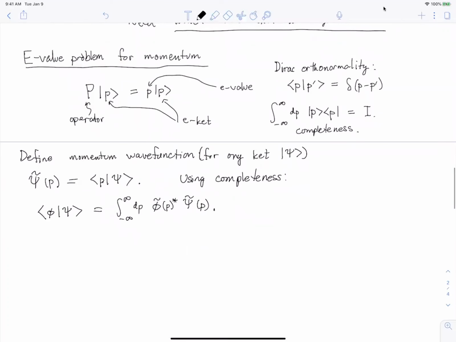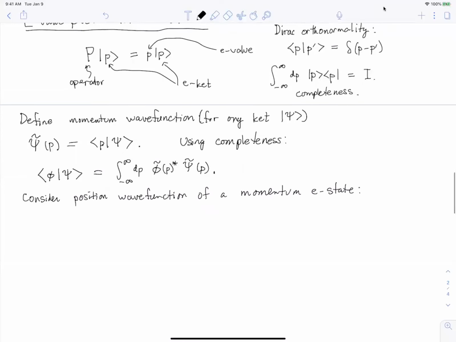All right, so now let's consider what is the position wave function of a momentum eigenstate, or a momentum eigenket. Okay, so first let's give it a name.